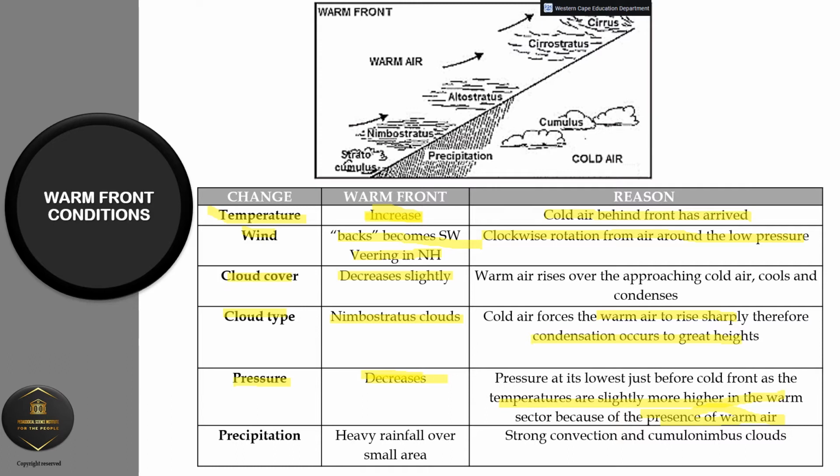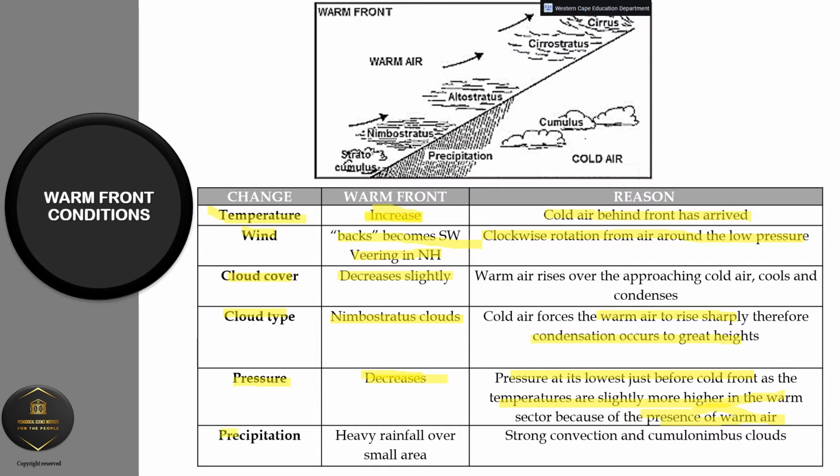So it is at its lowest in the warm front simply because this is basically the segment of the front that is found before the cold front brings these extremely cold or low temperatures.